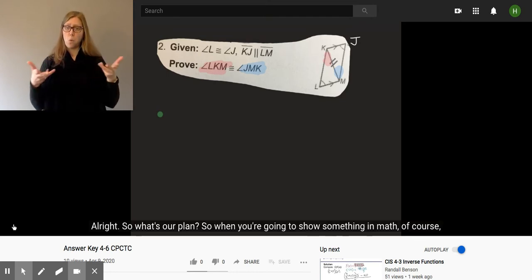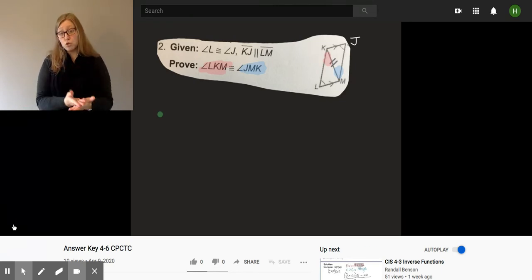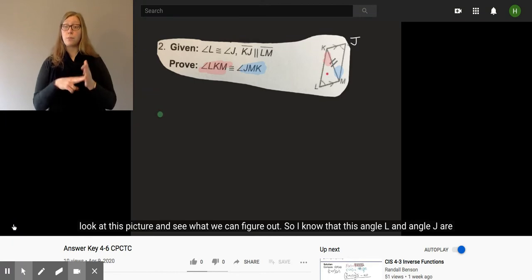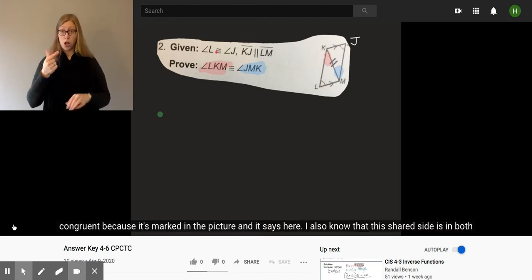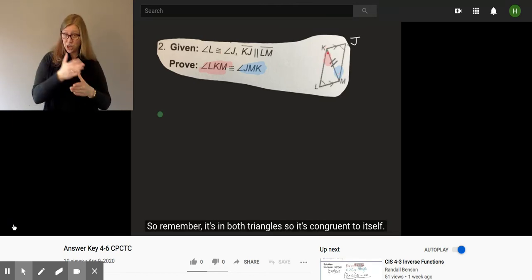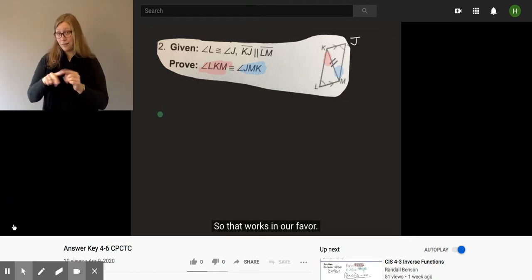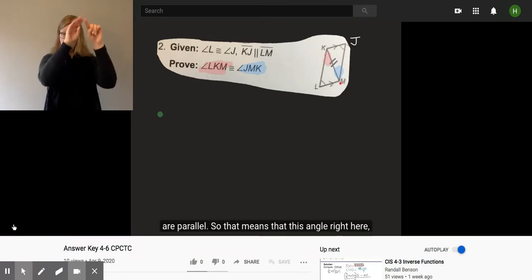When you're asked to show something in math, of course, it means prove, and we're going to look at this picture and see what we can figure out. I know that angle L and angle J are congruent because it's marked in the picture. I also know that this shared side is in both triangles, so it's congruent to itself. That works in our favor. The other thing I notice is that they tell us that KJ and LM are parallel.